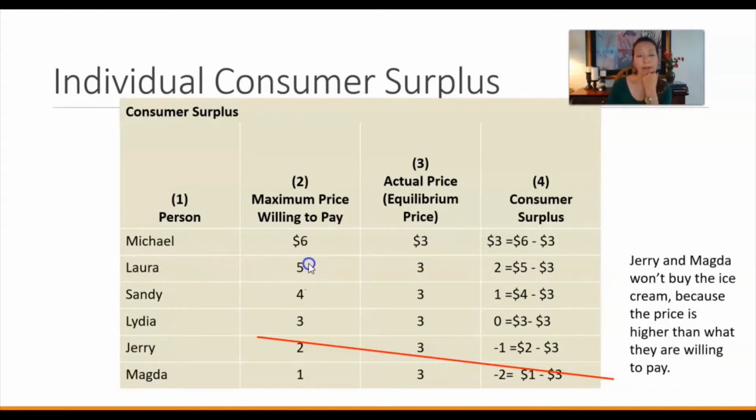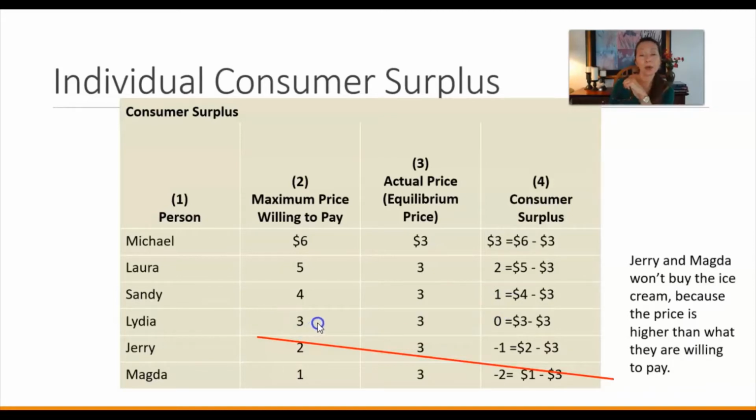Laura, willing to pay $5, but only had to pay $3, the equilibrium price. So 5 minus 3 gives Laura $2 of consumer surplus. Sandy was willing to pay $4 and the price was $3, so she got $1 of consumer surplus.